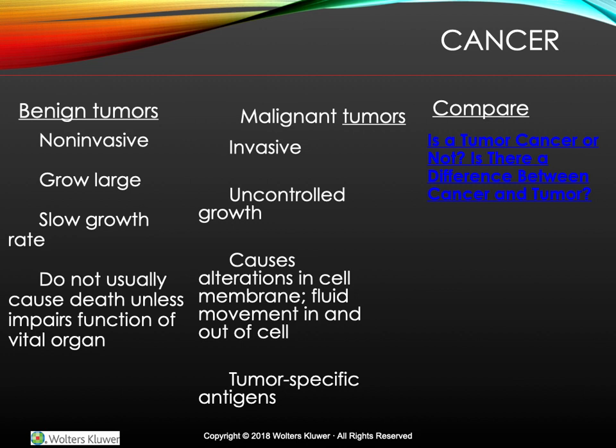And then they also produce tumor specific antigens, which you will see in some specific blood tests that they do for tumor detection. So here, once again, there's a link on this PowerPoint, and it is the difference between a cancer and a tumor. So be sure to click on this link and look at that YouTube video.